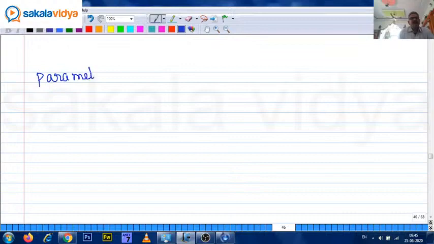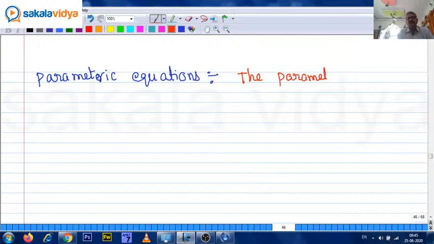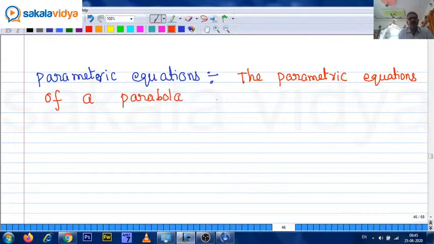So next, parametric equations. The parametric equations of a parabola y square equals to 4ax are x is equal to at square, comma y is equal to 2at.